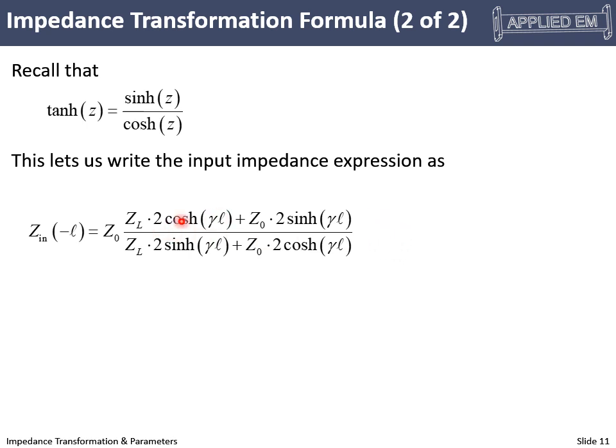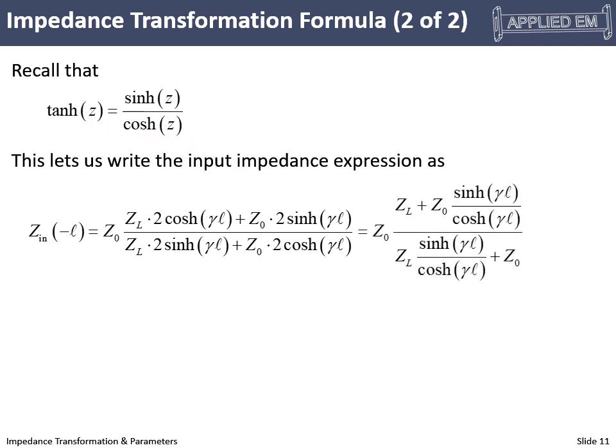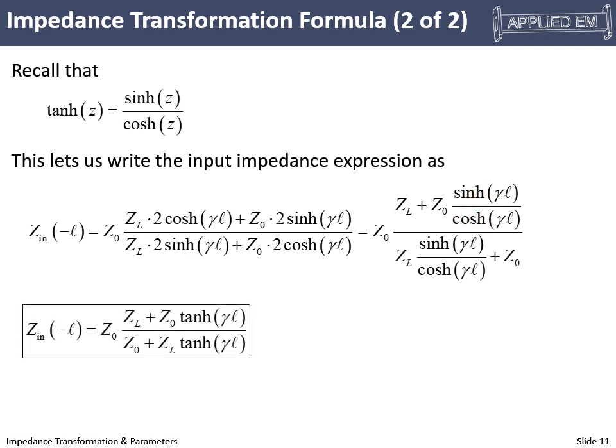So hyperbolic cosine will disappear from here and here. But in these two terms, we'll have the hyperbolic sine divided by hyperbolic cosine, which is the hyperbolic tangent. So dividing numerator and denominator by the hyperbolic cosine gives us that. And now we can replace the sinh over cosh with the hyperbolic tangent function.